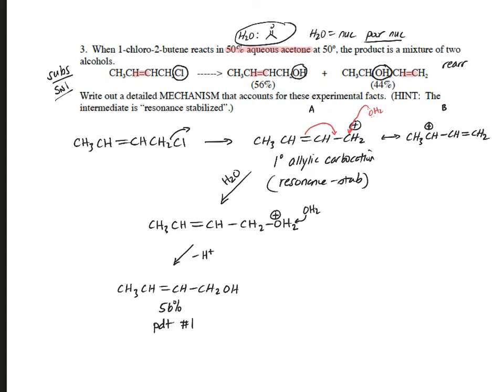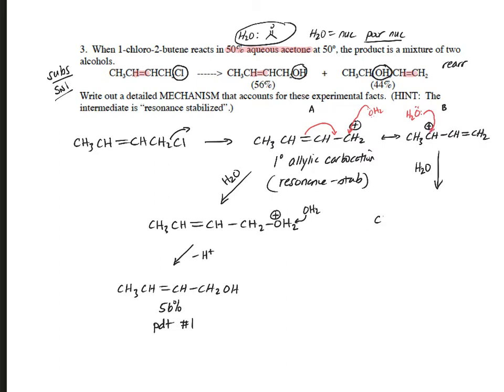Now, product 2, where the double bond is at the end and the OH is in the middle, is coming from the second resonance structure. So if I take the second resonance structure and water attacks it, my OH2 lone pairs are going to come and attack that carbon with a plus charge.